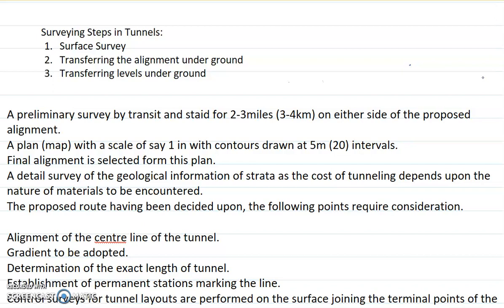You need a plan which has contours drawn at the most at 5-meter intervals. A second requirement is a plan or a map with a scale of 1:20 with contours drawn at 5-meter intervals. Then you also need the details of entry and exit.